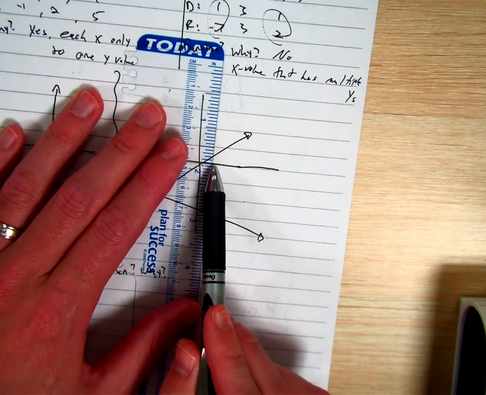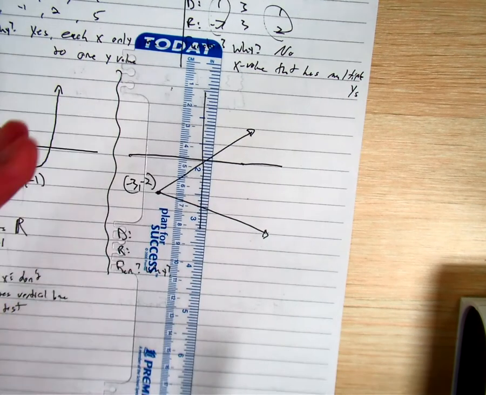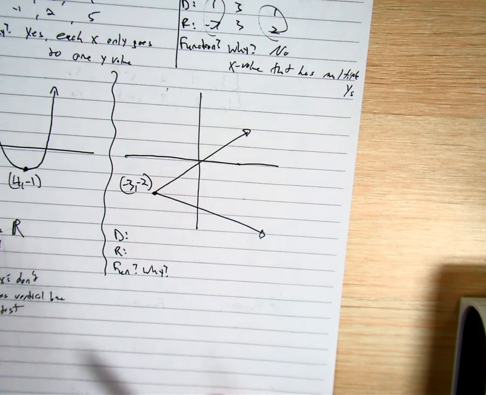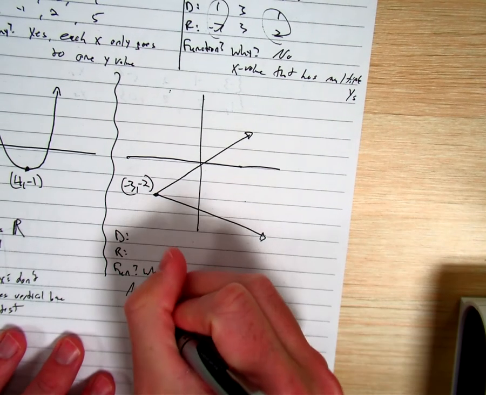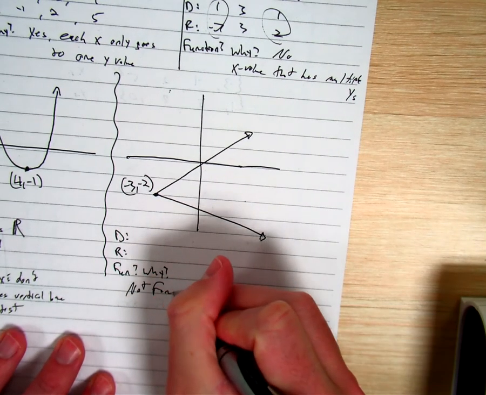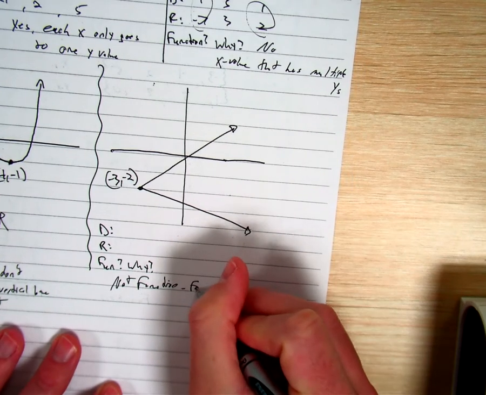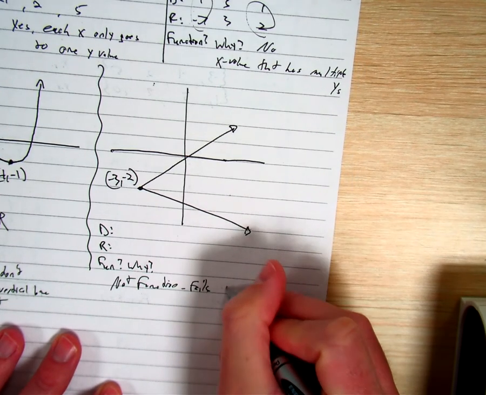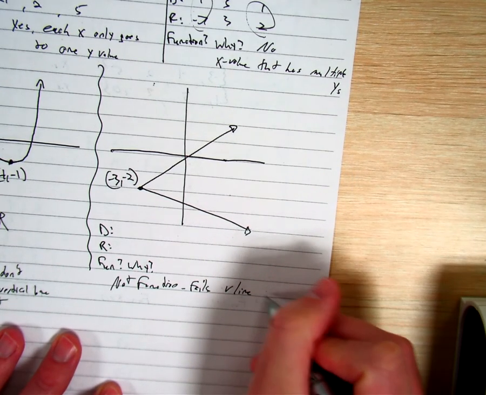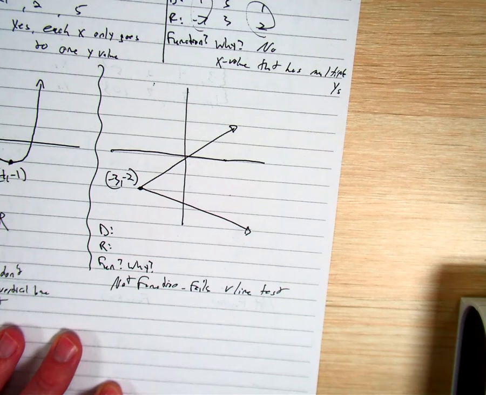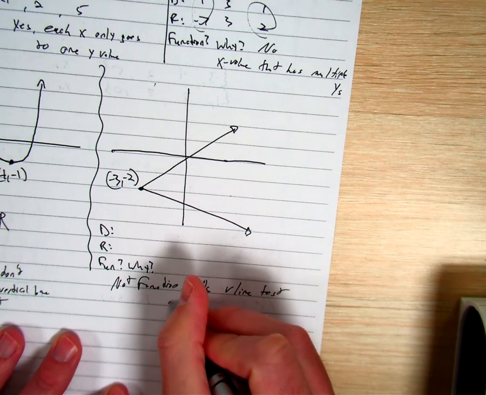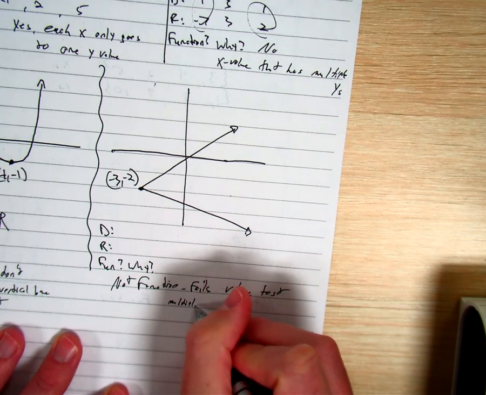You'd have like 1, 1 and 1, -3 or something like that. So that's not going to be a function. And again, on a graph, it fails the vertical line test. Multiple y values for one x, if you want to say that.